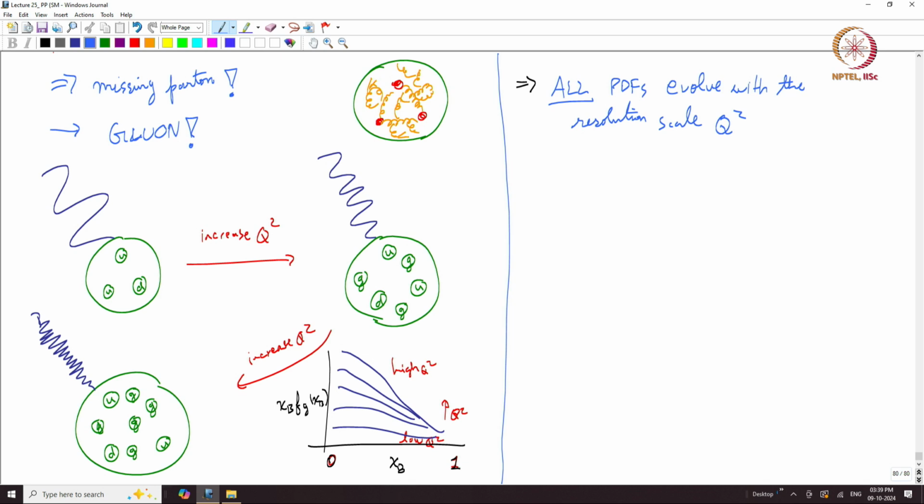Okay, that is, for all the partons, I can think of a function like this. This is a pretty intricate function.